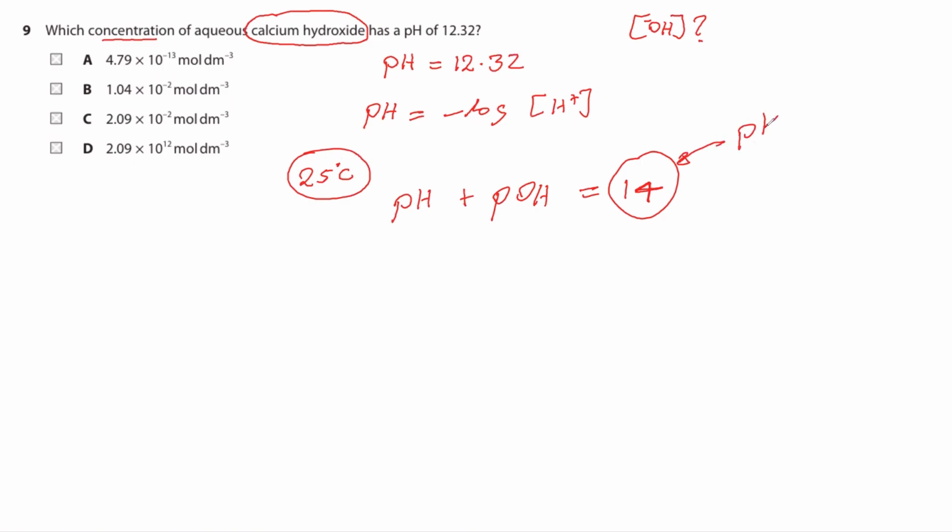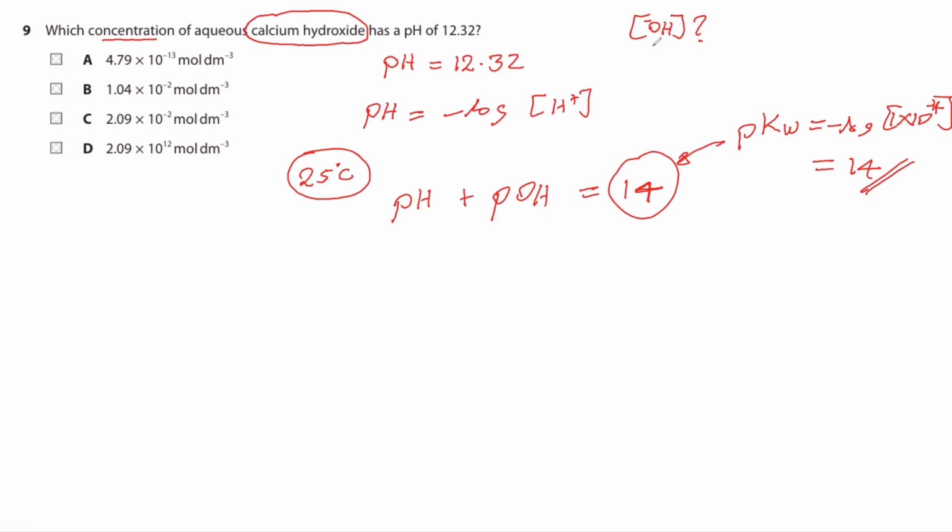That's why I told you the temperature, because KW at 25 degrees Celsius is 1 into 10 to the power minus 14. Since KW is 1 into 10 to the power minus 14, pKW is minus log 1 into 10 to the power minus 14, it is 14. From there we learn that pH plus pOH at 25 degrees Celsius is equal to 14.